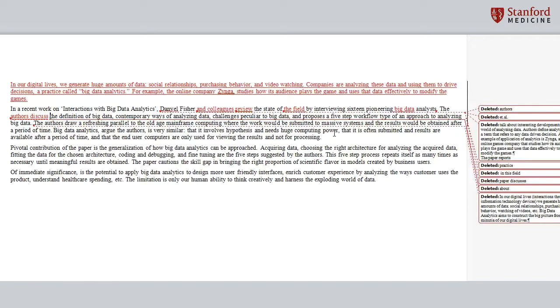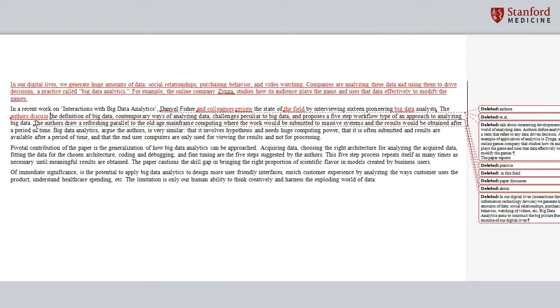Now notice when I read that out loud, you probably heard the non-parallelism in there. So that sentence isn't parallel. We get discuss definition, discuss challenges, discuss contemporary ways, and then we get this shift where there's a new verb introduced, proposes. So it doesn't quite work. We're going to have to set that proposes off as a new sentence. I'm going to set it off with a semicolon to make that parallel. So just watch out for parallelism as we've talked about.